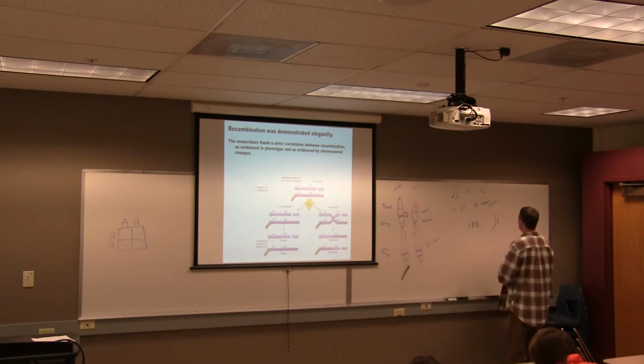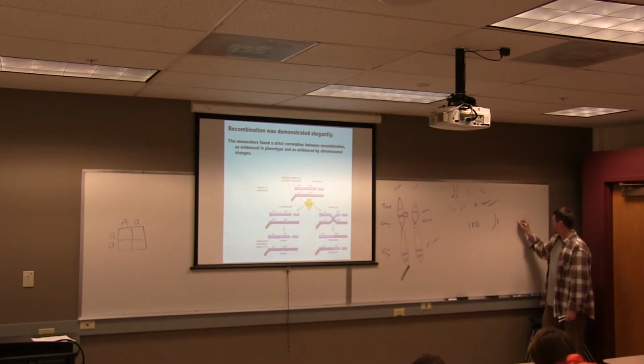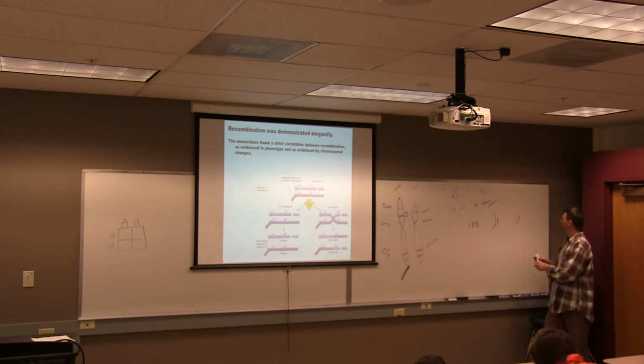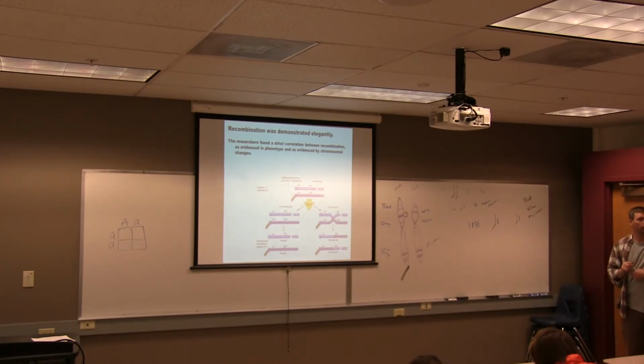What if I do a karyotype and I have this karyotype and the organism is red eyes, yellow body, miniature wings. Crossing over occurred where?